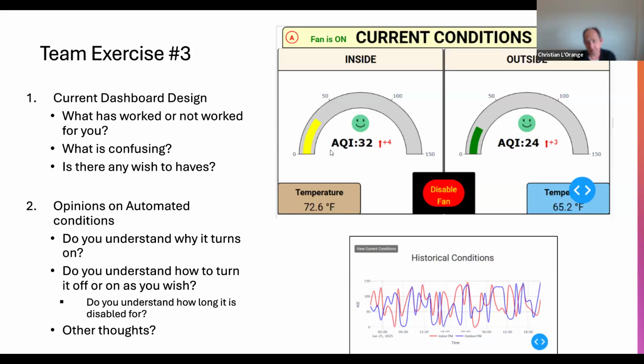The challenge is we're saying AQI: 32. The 32 number there is not the AQI number. The 32 that's being represented there is PM 2.5 mass concentration. So we're mixing the label to a different value that we're reporting.